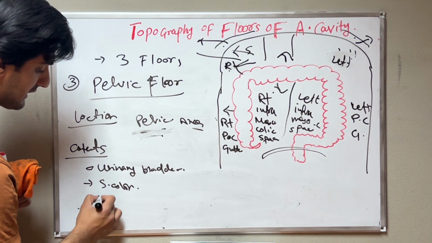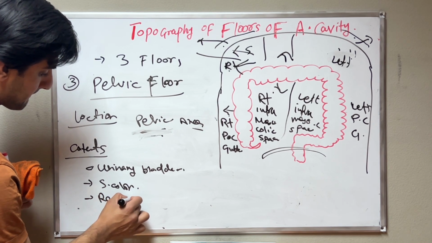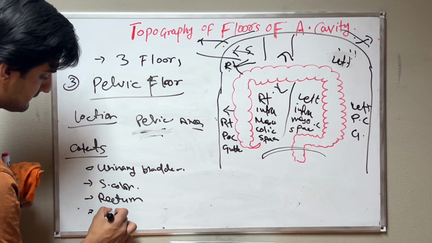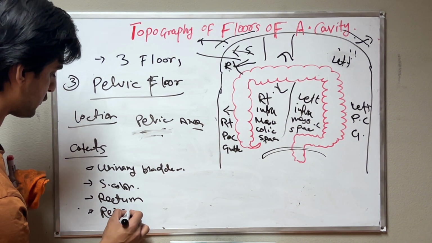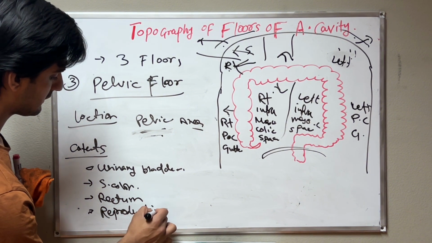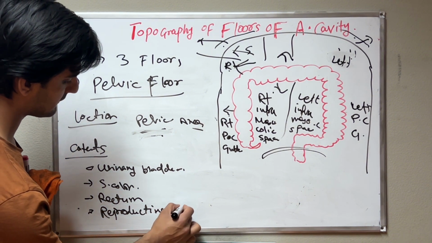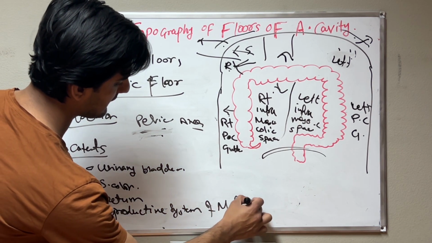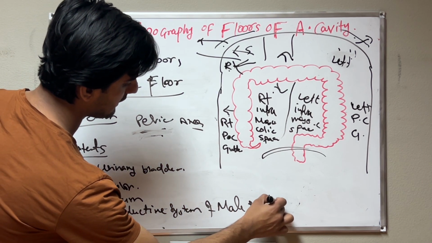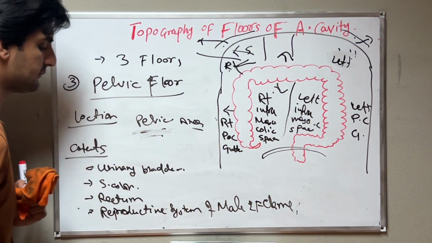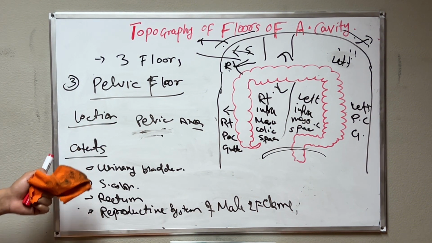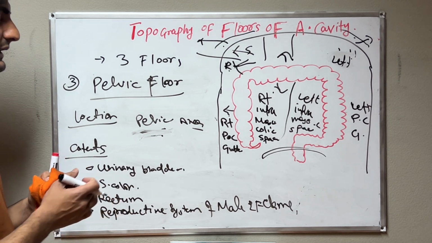Okay, then here we have rectum. There we have the reproductive system of male and female present in the pelvic floor. Okay, these are the contents or organs which are located in the pelvic floor.